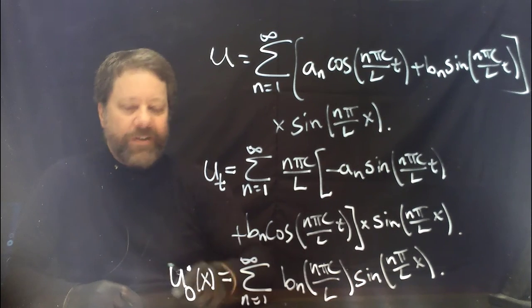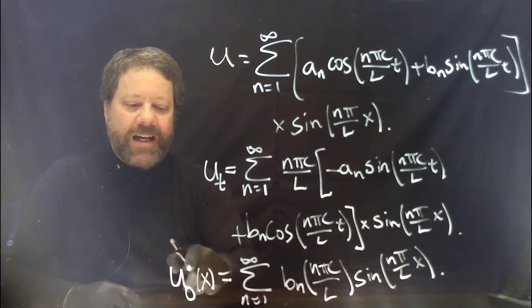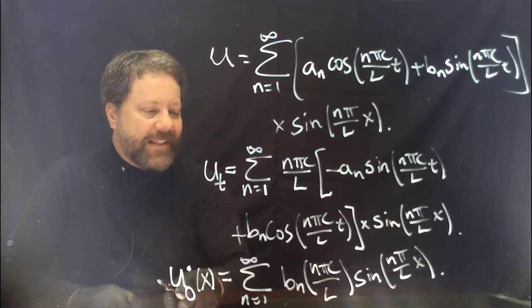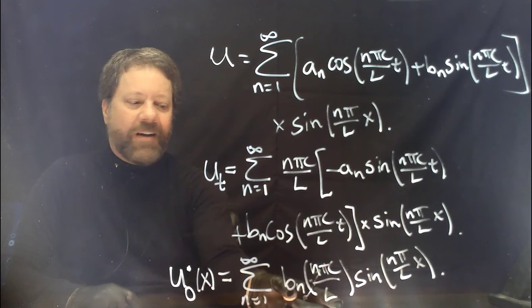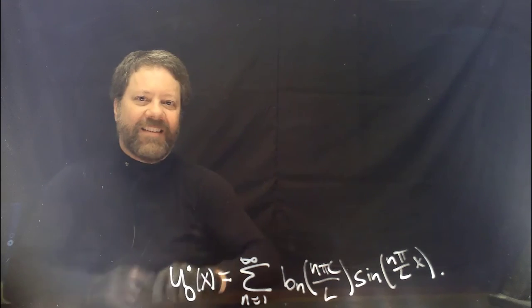Which means whatever the Fourier coefficients are for u naught dot, the initial velocities, they must be equal to the Fourier coefficients on the right-hand side here.